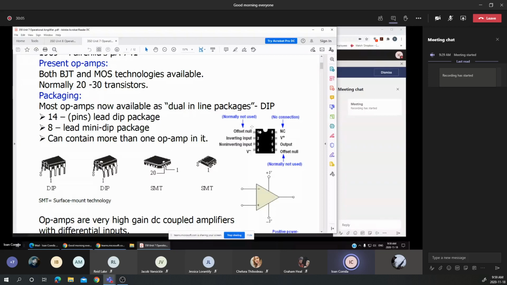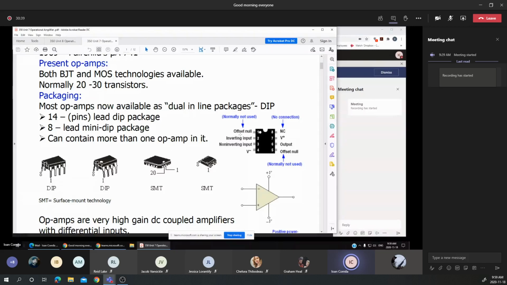Not always is it used, because it is not always necessary to have the output voltage at 0, but in some precise applications, suppose that we are using a very small signal, which would make a pretty large change in the output voltage if we do not make the output 0 when the two inputs are connected to the ground.